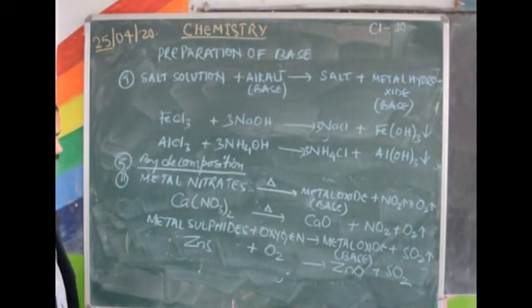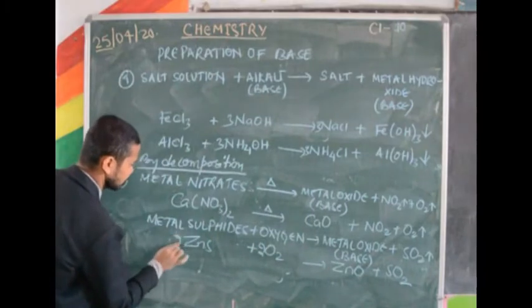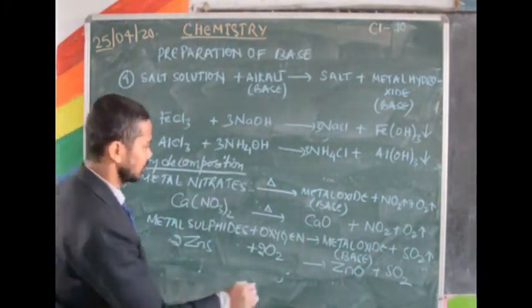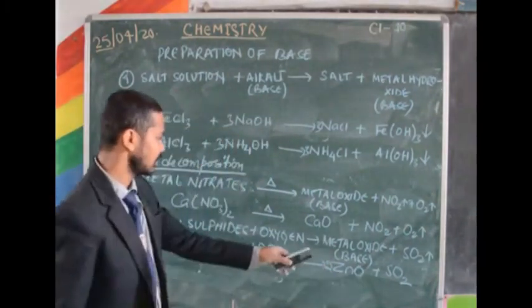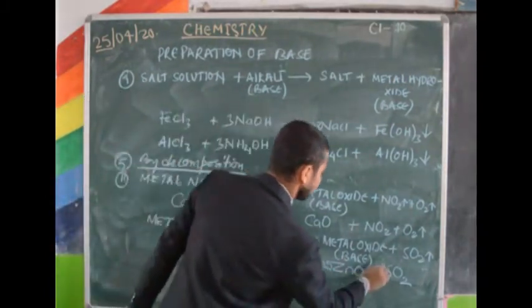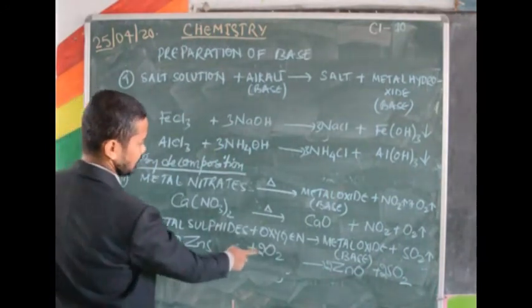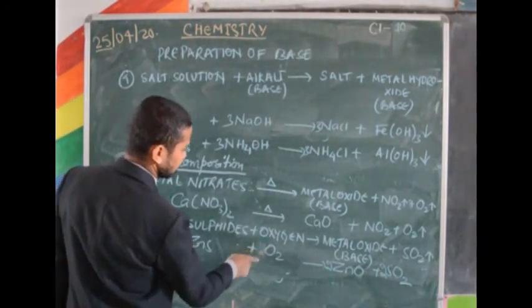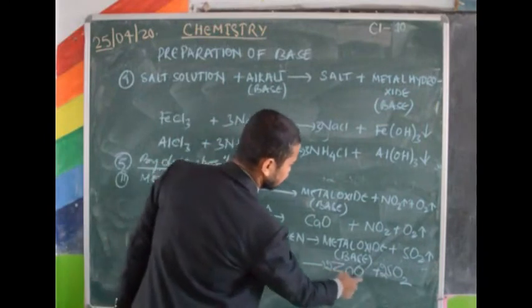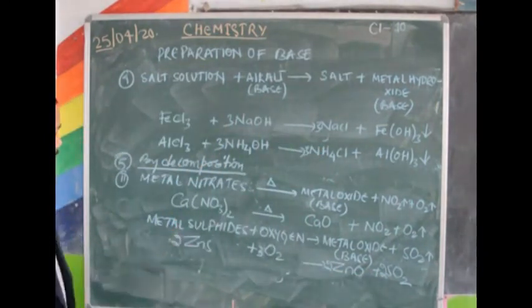So 2, also 2. So zinc 2, sulfur 2, oxygen make it 6. 2 and 4, 6. Zinc 2, sulfur 2. Okay.